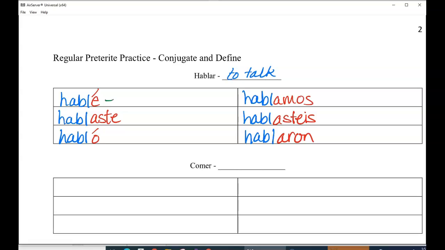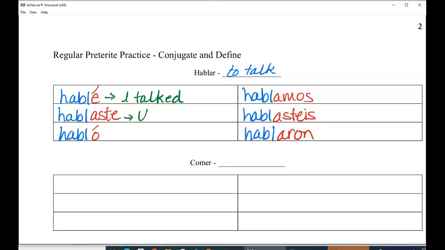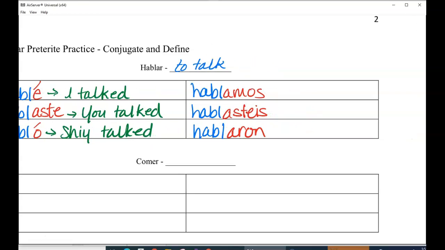And then finally, we need to take a look at what each of these means. Hablé would be I talked, or sometimes you'll see I used to talk, but we're just going to go with I talked. Hablaste is you talked. Remember, that's the informal you, the tú hablaste. Habló is going to be she talked. Remember, she talked, he talked, it talked, you talked. Hablamos, this is what we talked about earlier.